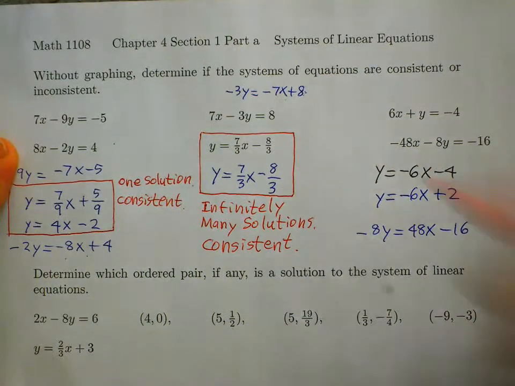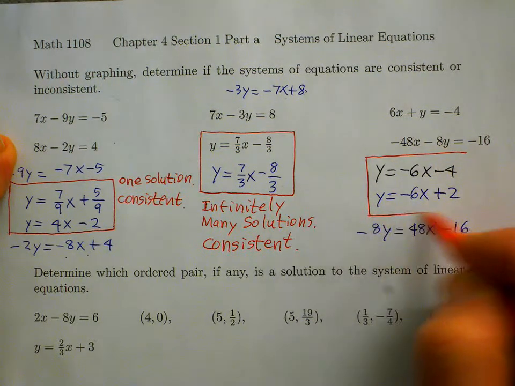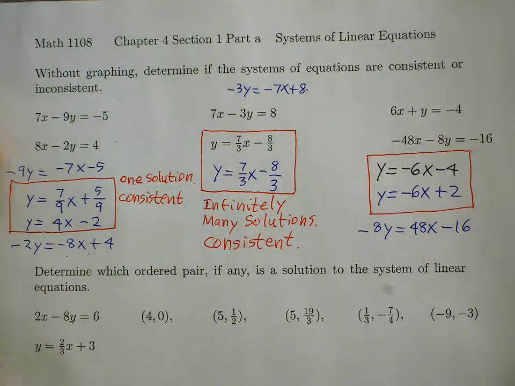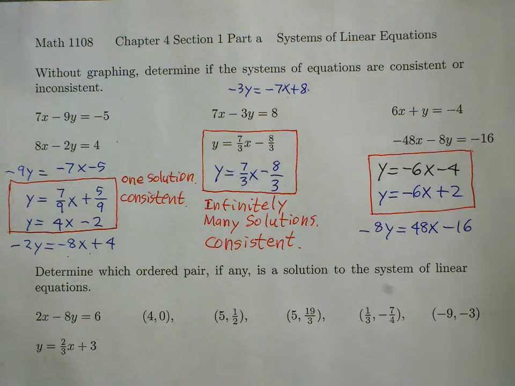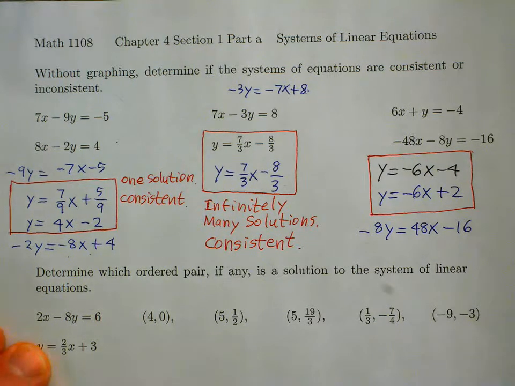So, having rewritten the equations in slope-intercept form, we can now look at these two lines as the system of two linear equations. Just by looking, we can tell what's going on here. How many solutions are there? Yeah, zero solutions, no solution.